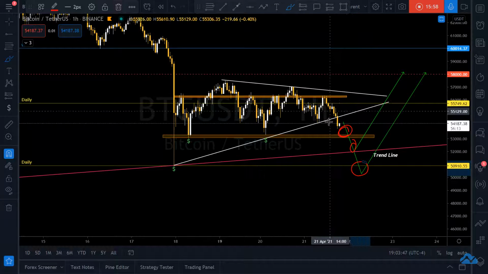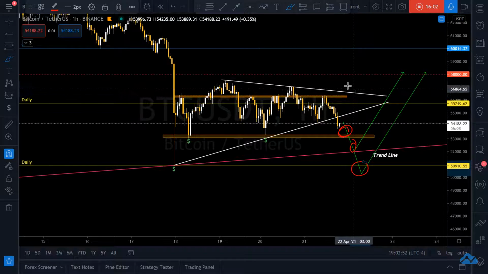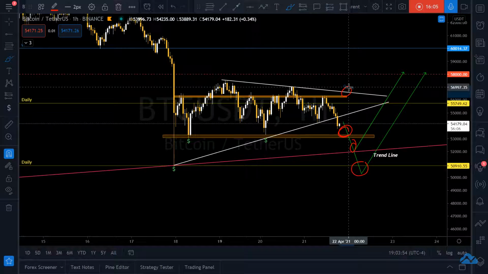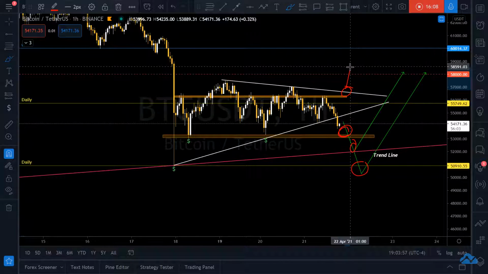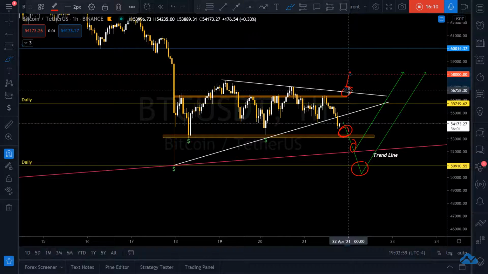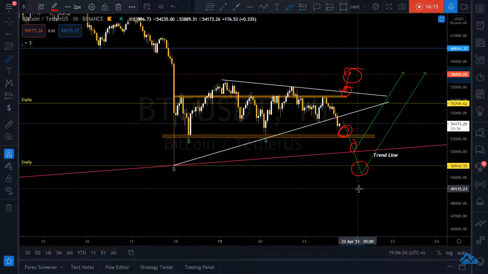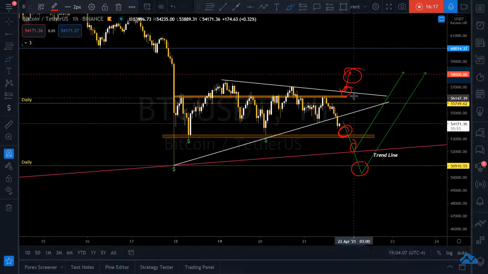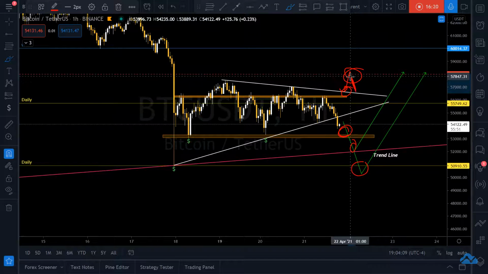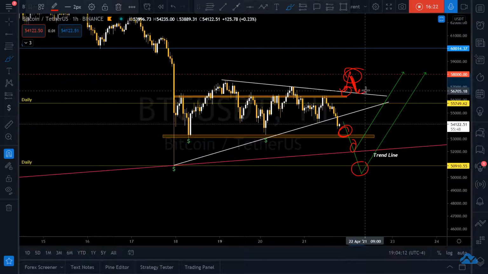What I told you was what could possibly happen down here. If we break north from here, you are prepared for a buy. Before this breakout to the bottom, I thought there might be a breakout to the top too, and I had a similar scenario for you. I would have told you, don't take a buy from here because you're buying into resistance. Wait until there's a reaction, because we might come back and test the support of the equilateral triangle.